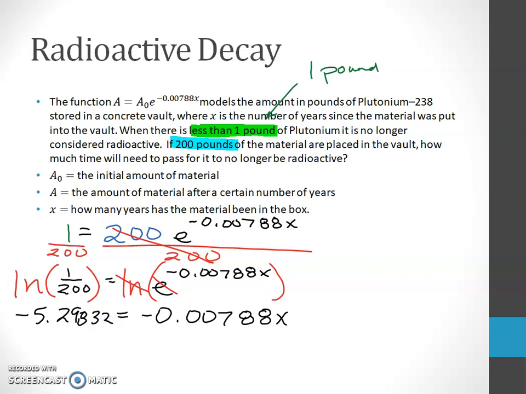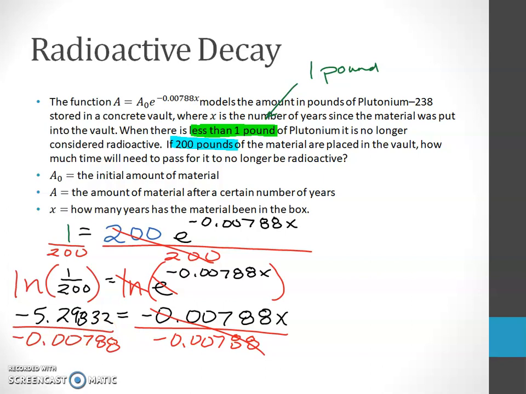Okay. Last thing, I've got to get this x by itself. Just divide by the number that's out in front of it. So dividing by negative 0.00788, which we get that to cancel. Do the same over here. This is going to be a big number.